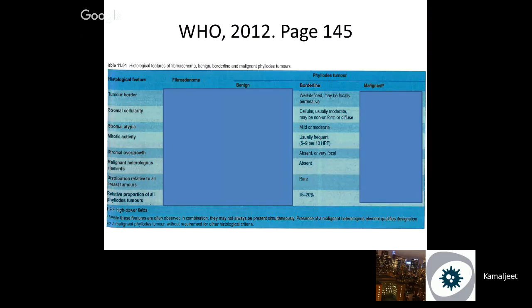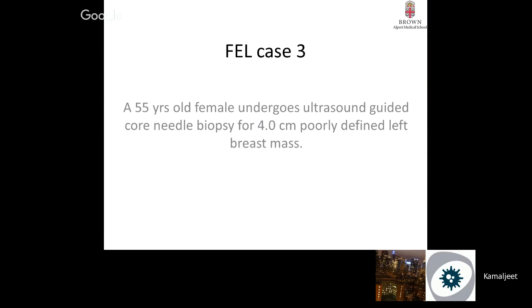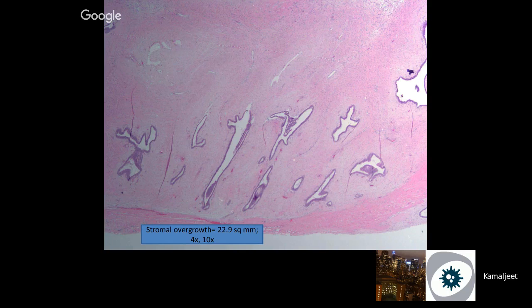Stromal nuclear atypia. What triggers you to put it in borderline, if it's circumscribed but it's got a lot of atypia in the stroma? Usually they go hand in hand. I have a case where there is a lot of nuclear atypia, so we're going to look at that.